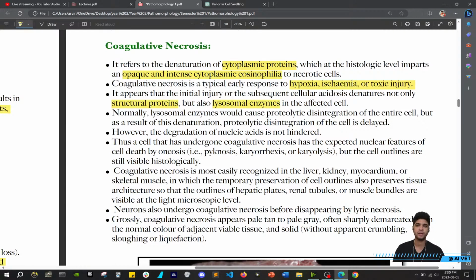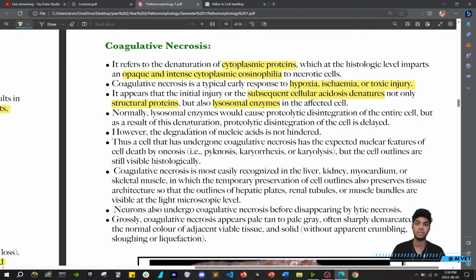Coagulative necrosis also affects the lysosomal enzymes themselves. The reason is that subsequent cellular acidosis denatures them. Normally, lysosomal enzymes would cause proteolytic disintegration of the entire cell.